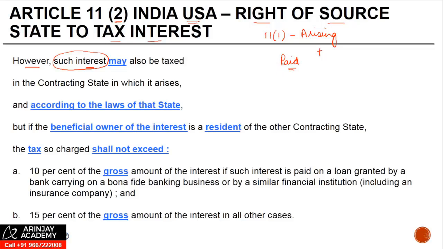So if there is interest arising in India and paid, then such interest may also be taxed in the contracting state in which it arises. The use of the word "may" indicates that it's a non-exclusive right.